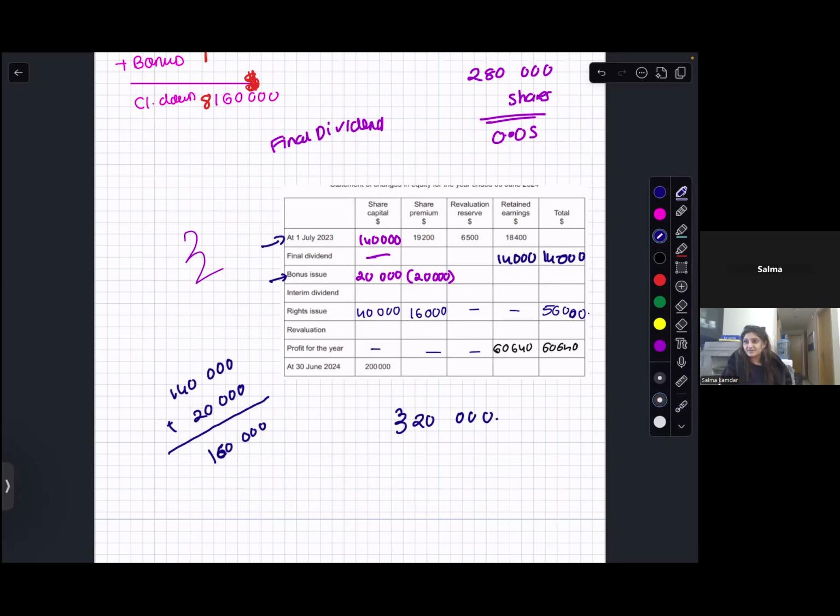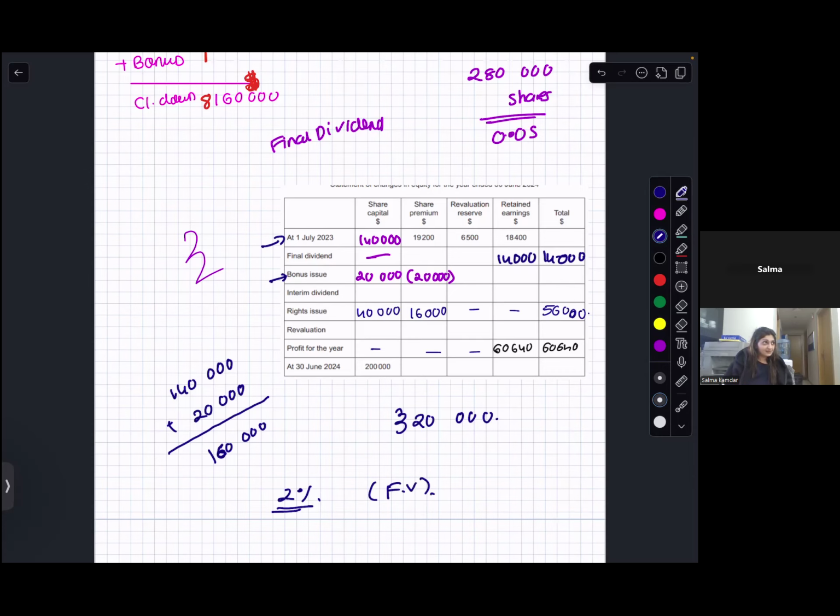How much interim dividend am I giving? What is the question telling? So you will give interim dividend 2% of what? 2% of the face value.